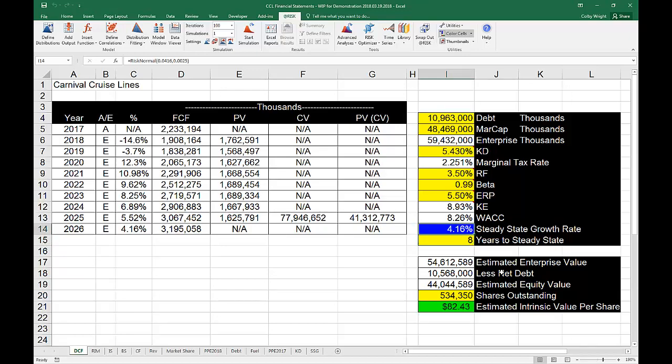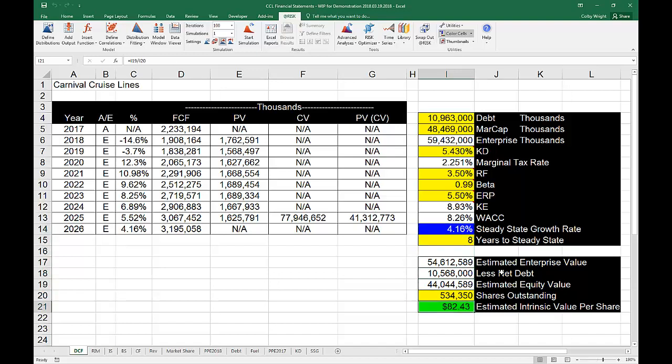So 25 basis points means that my steady state growth rate is going to be bounded by, roughly speaking, what would that be? 3.4 and maybe 4.9, something like that. So anyways, 3 standard deviations would be 75 basis points, go 75 basis points up, 75 basis points down. That's going to be our bound.